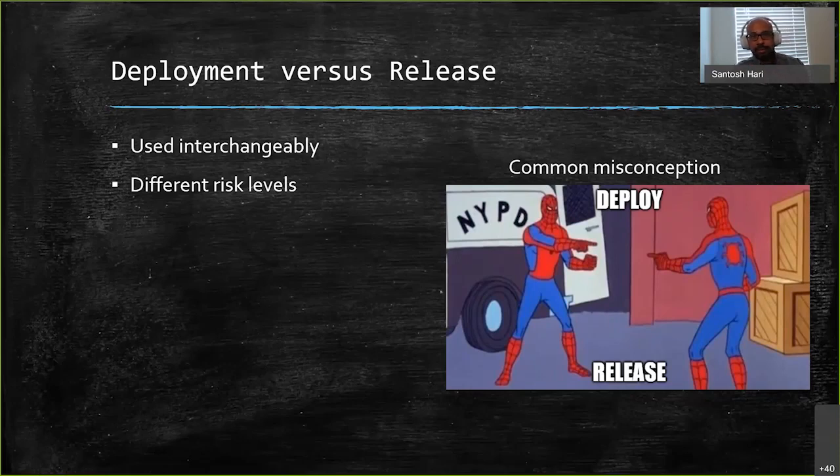Now, if you throw in the term ship, this is often used by business-facing entities like project managers and program managers. So this complicates the situation even further. If someone is using ship, that's a more business-facing term, but I also want to stress that deployments and releases are different, and each one has a different risk profile.